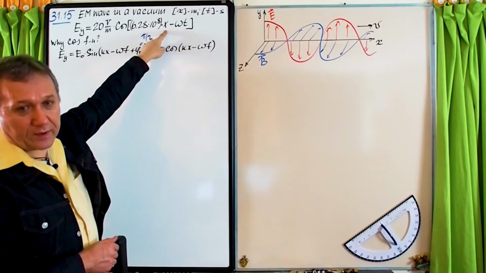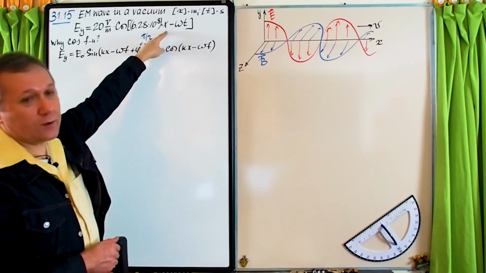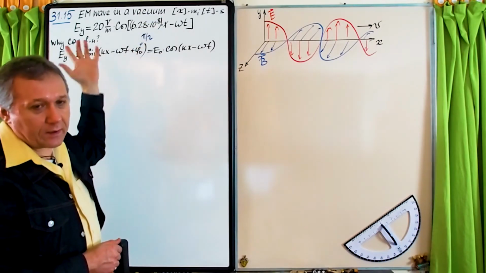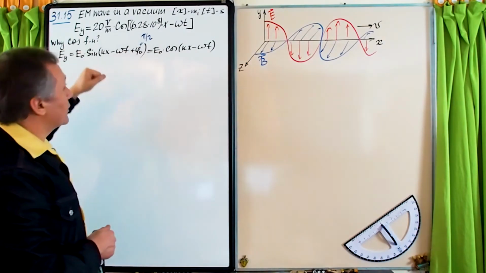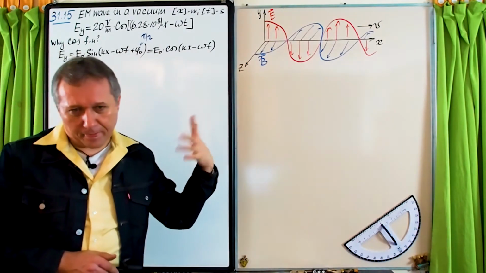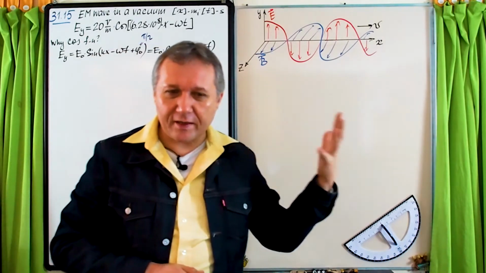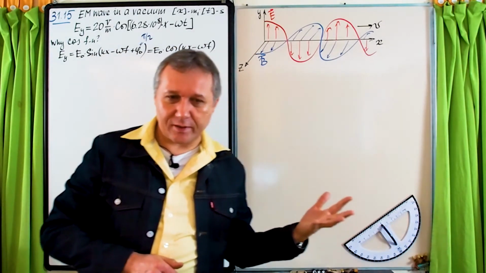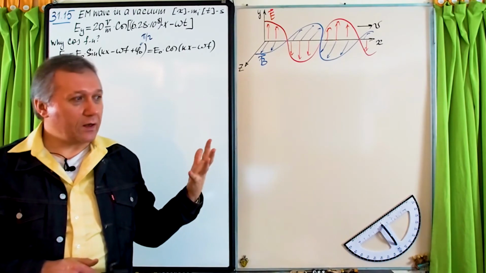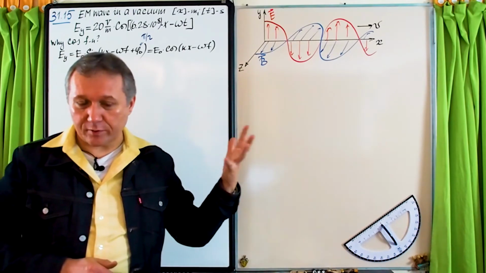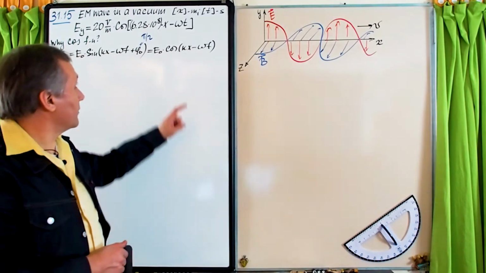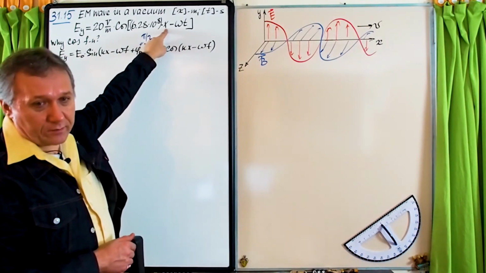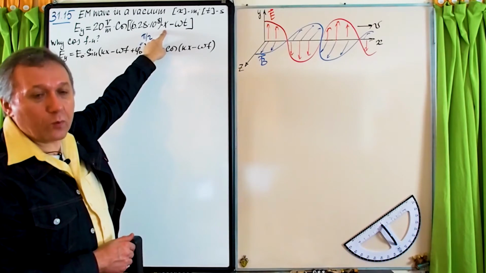If it propagates in the y direction, over here we will have y. The problem will say something about some direction, and you should be able to come to a conclusion about the direction of, for example, the magnetic field. But again, remember this is the direction or axis along which the wave propagates.